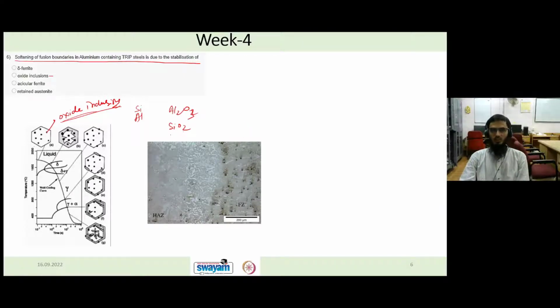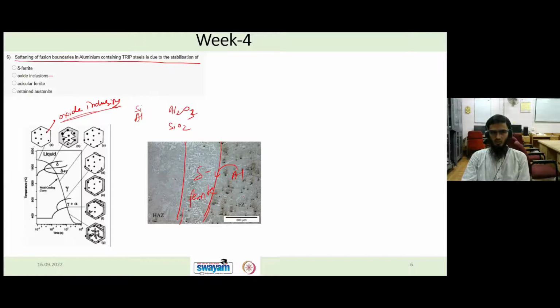But in aluminum, the reverse will be happening. So the aluminum in the fusion zone will try to diffuse into the delta ferrite which is forming. Here you can see the delta ferrite. The aluminum will be diffused from the fusion zone, and the delta ferrite will be formed at the fusion boundary, and this is our HAZ.